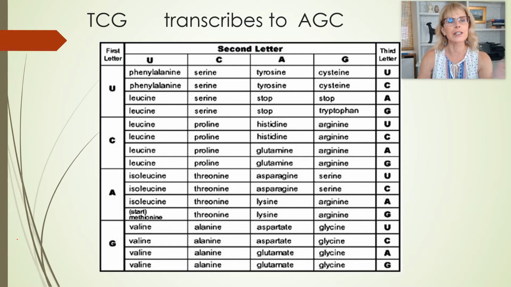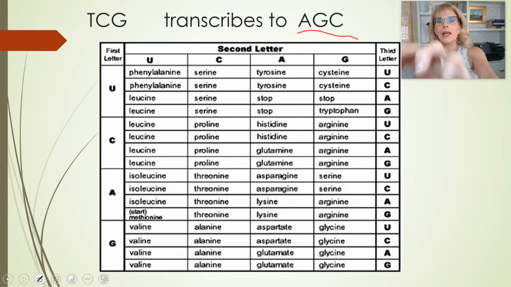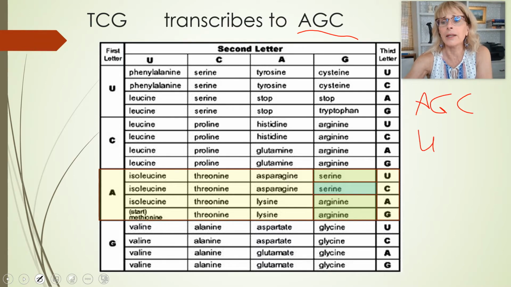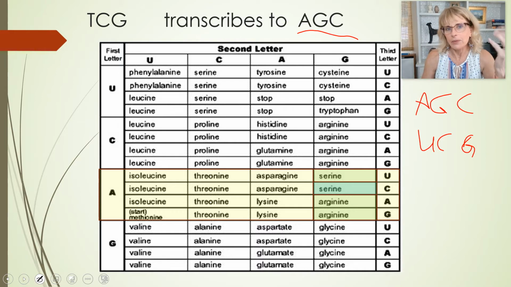So TCG gets transcribed to AGC, and then we found A, G, C, boom, that would be serine. And then I was making the point that if you've already got messenger RNA, don't flip it again, or you might get the answer wrong. And then I found it still would be serine.